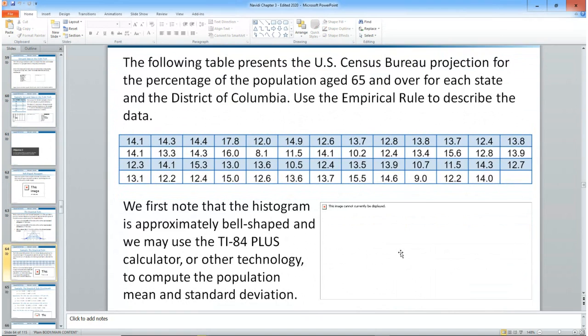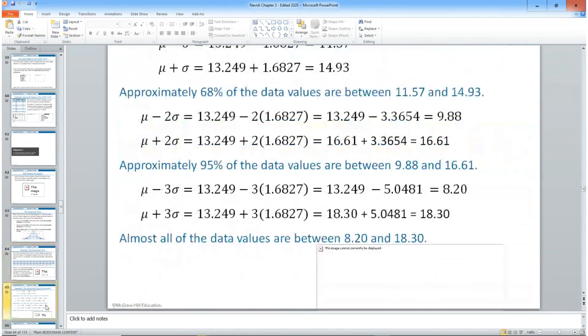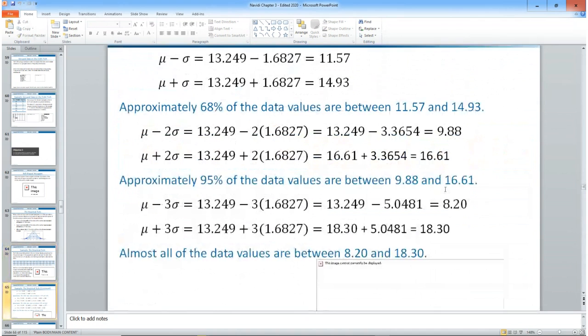It's that one thing that I showed you at the end of the class where you type in the data, you hit the 1-Var Stats, and you get everything. And then they'd also done the histogram for it. So they said on there that the mean was 13.249 and the standard deviation was 1.6827. All right.